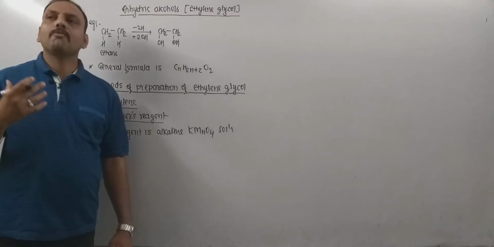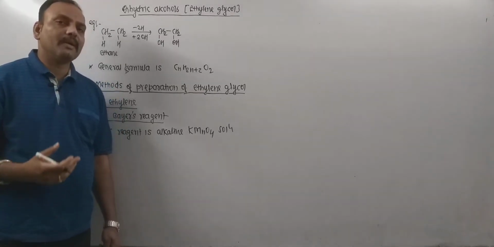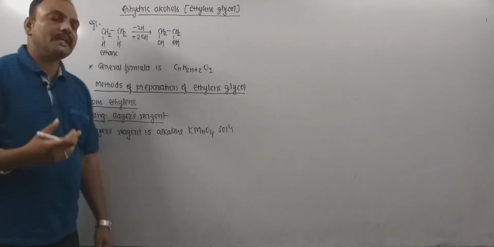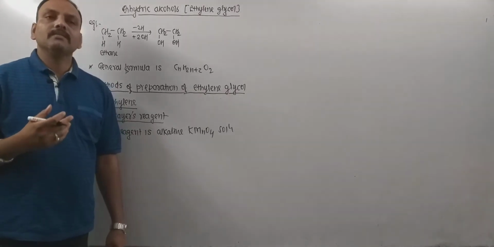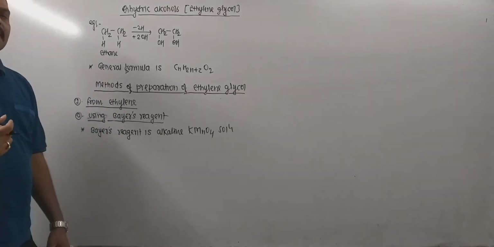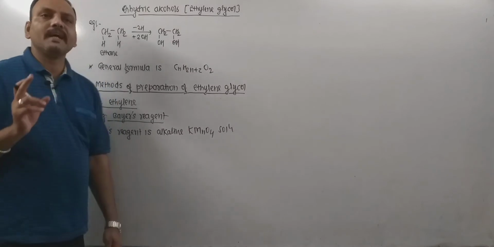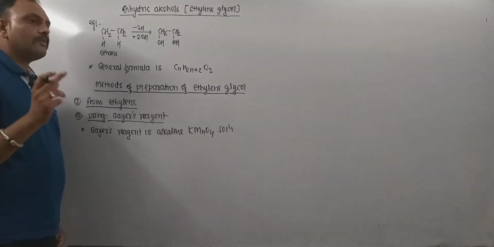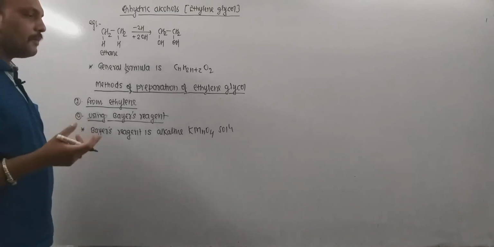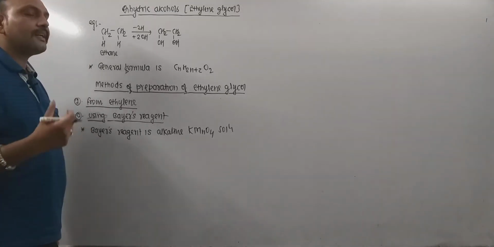So when cold dilute alkaline KMnO4 solution is treated with ethylene, then hydroxylation takes place, I must say. And remember, this is syn addition or syn hydroxylation, with the help of which the product obtained is the diol, that is ethylene glycol.